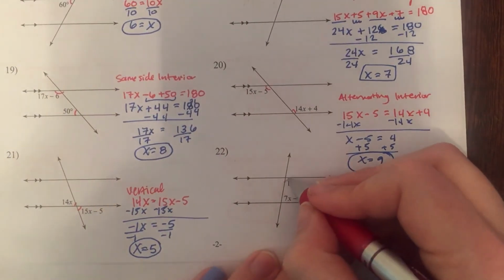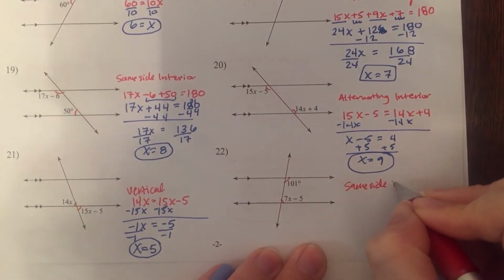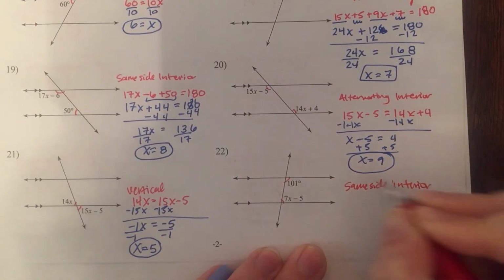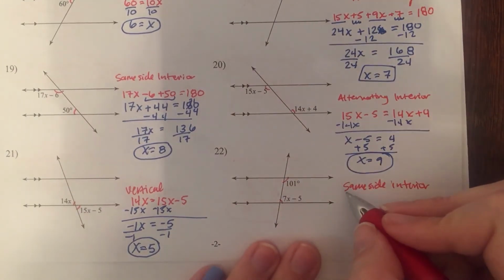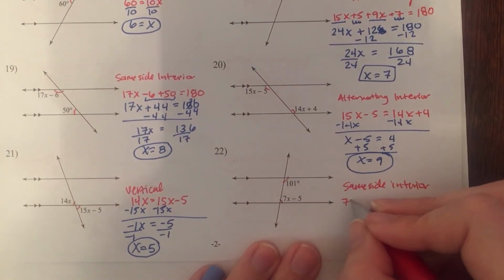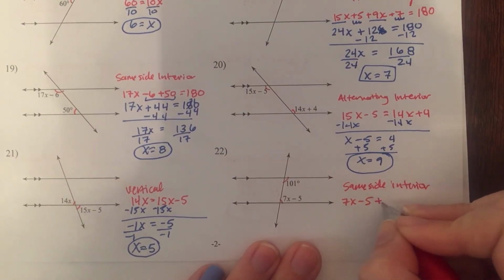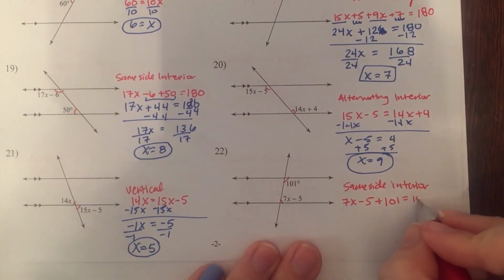And our last one, these are on the same side interior. They're both inside, that's why it's same side interior. That means that together they'll add up to 180. So 7x minus 5 and a positive 101, them together should be 180.